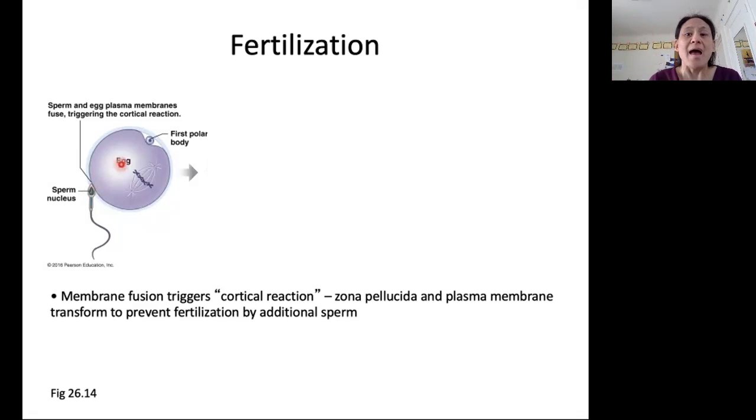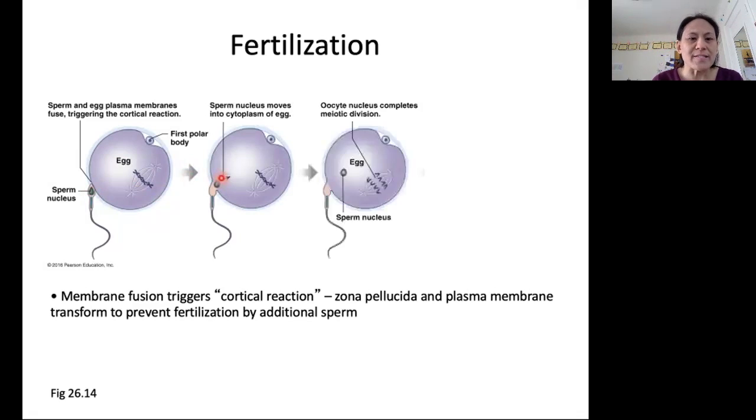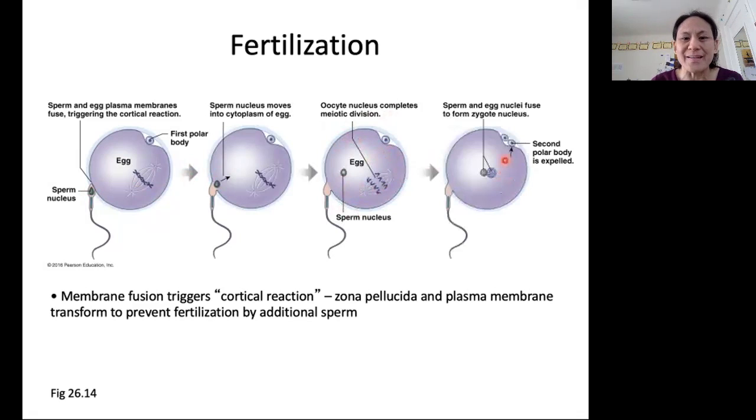After our sperm and egg have fused membranes, the sperm nucleus migrates into the cytoplasm of the egg. That then is going to trigger completion of the second meiotic division. I guess this isn't really completed in this picture yet, but it's completed here.